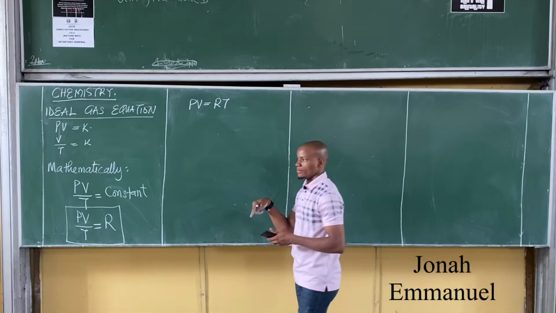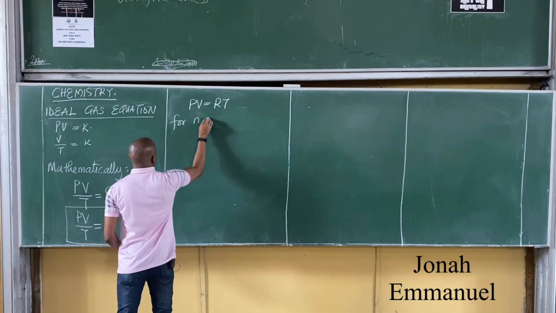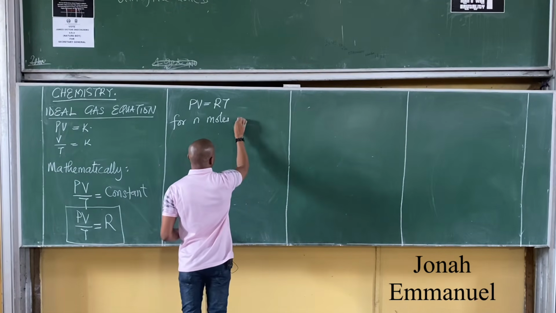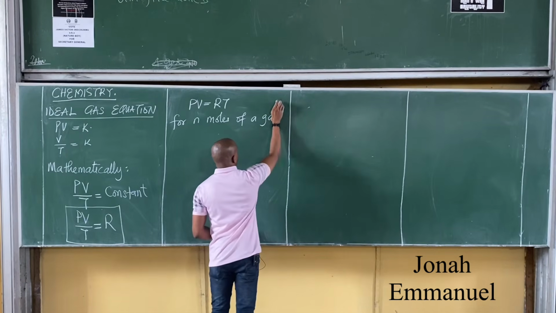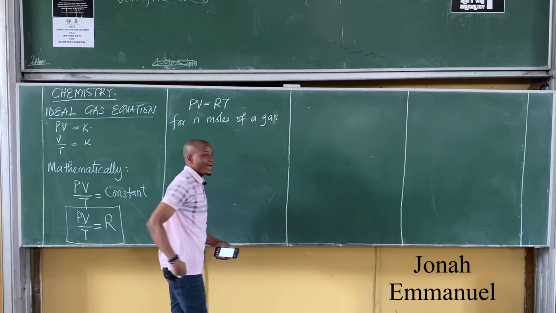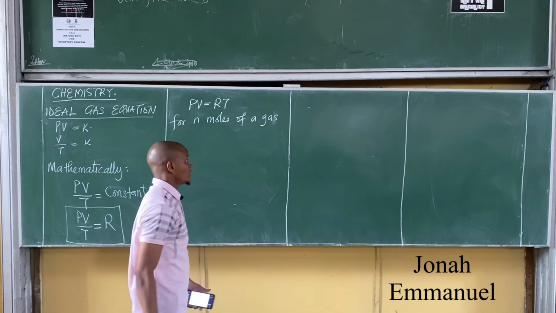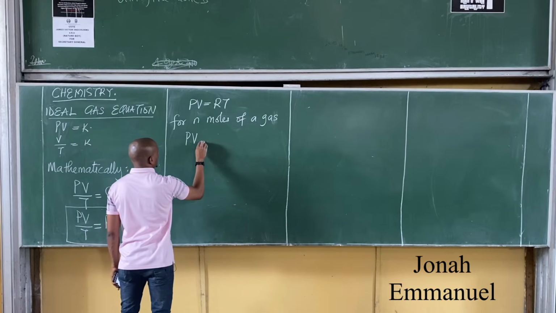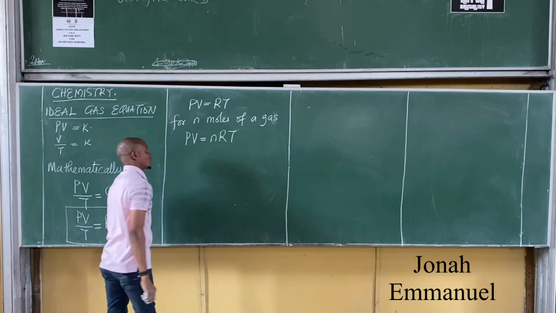Let's proceed please. For n moles of a gas, the equation becomes PV is equal to nRT.